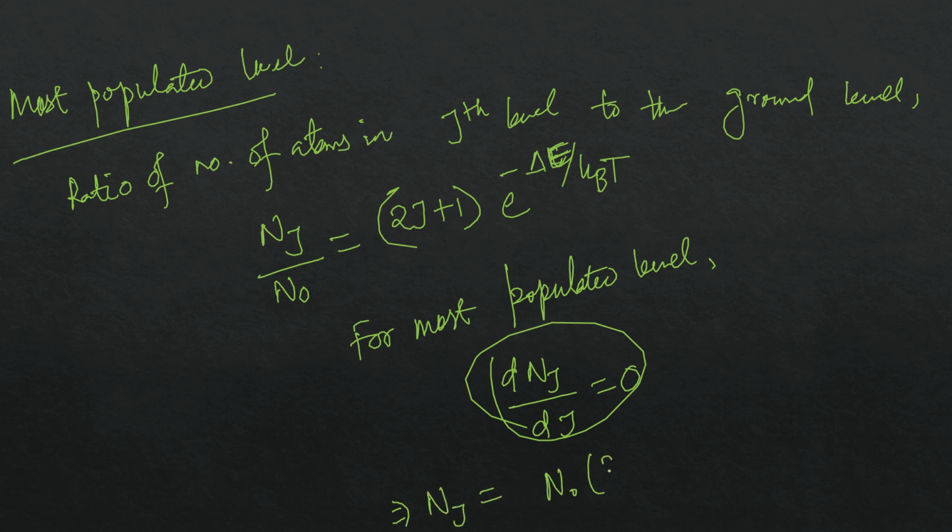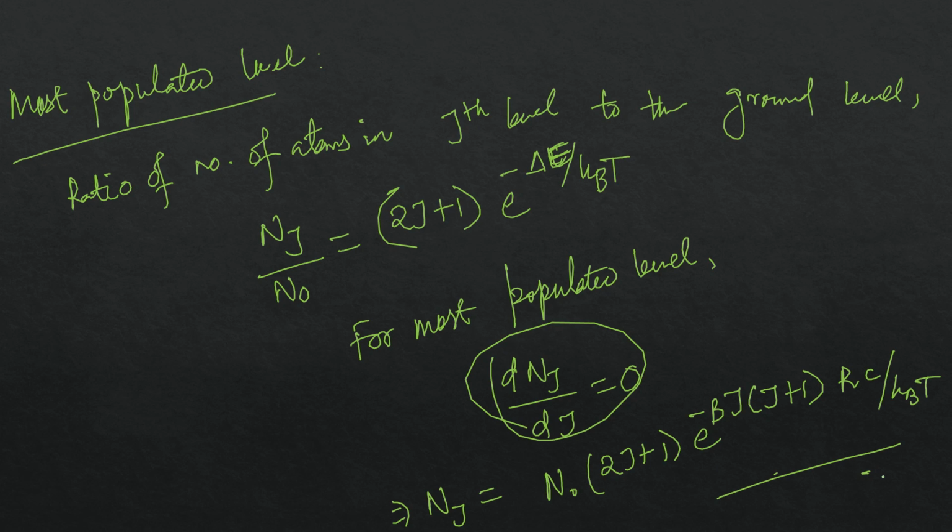N naught 2j plus 1 e to the power minus bj j plus 1 hc by kbT. Okay.